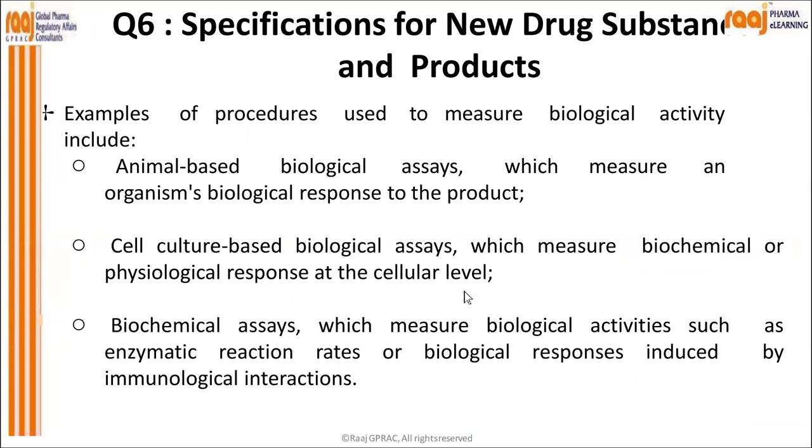And biochemical assays, which measure biological activities such as enzymatic reaction rates or biological responses induced by immunological interaction. So all the vaccines and serums which are manufactured come under biological products, which follow this ICH Q6.